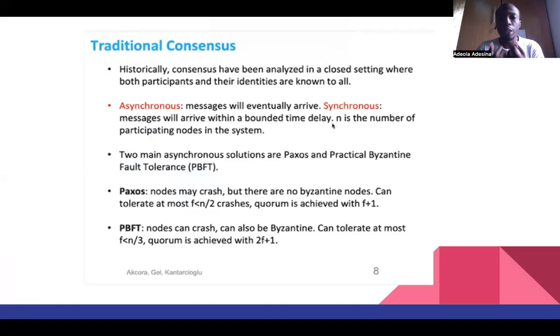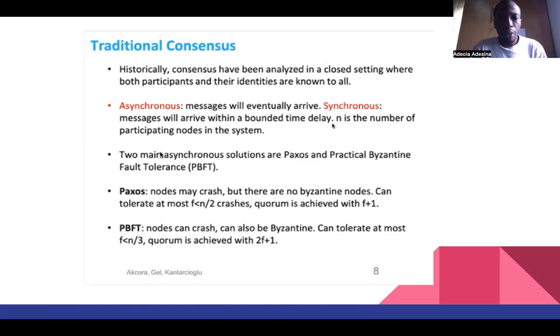So let's say with synchronous messaging, the data comes in every 2 hours, or we've decided that at 12 midnight we want data to be committed to the block, to the chain, to the network, right? So that's what we mean by synchronous. It has a bounded time delay, but asynchronous is continuous. The word asynchronous just means continuous messaging, right?